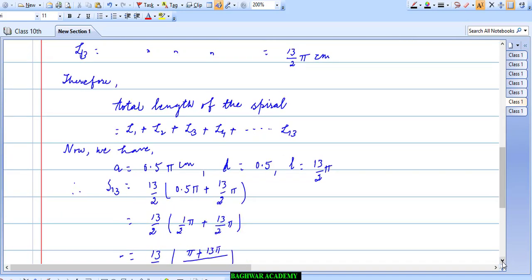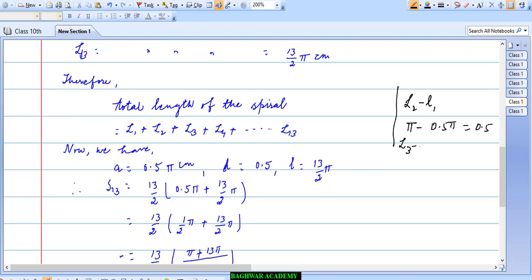Now the total length of the spiral will be L1 plus L2 plus L3 plus L4 up to L13. Here L1 is the first term A, that is 0.5 pi centimeter. D you can find out if required. D will be L2 minus L1, that is pi minus 0.5 pi, which is 0.5.